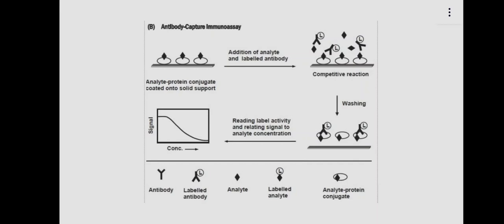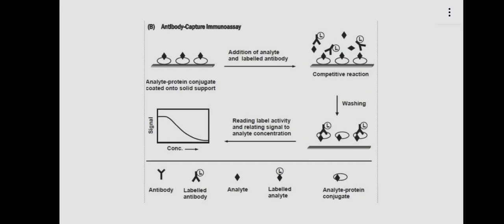So the antibody will compete either to bind the unbound analyte, which is from the sample, or it will bind to the bound analyte, which is fixed on the plate.